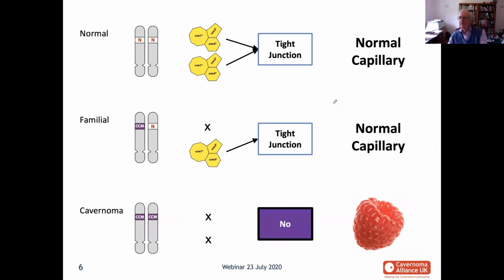If we go back to this slide, the familial form has one complex, but when you get to the two abnormal genes, you no longer get any of this complex, so you don't get a tight junction, so you can get a Cavernoma. Does that help? Yes, it does. It's very clear.